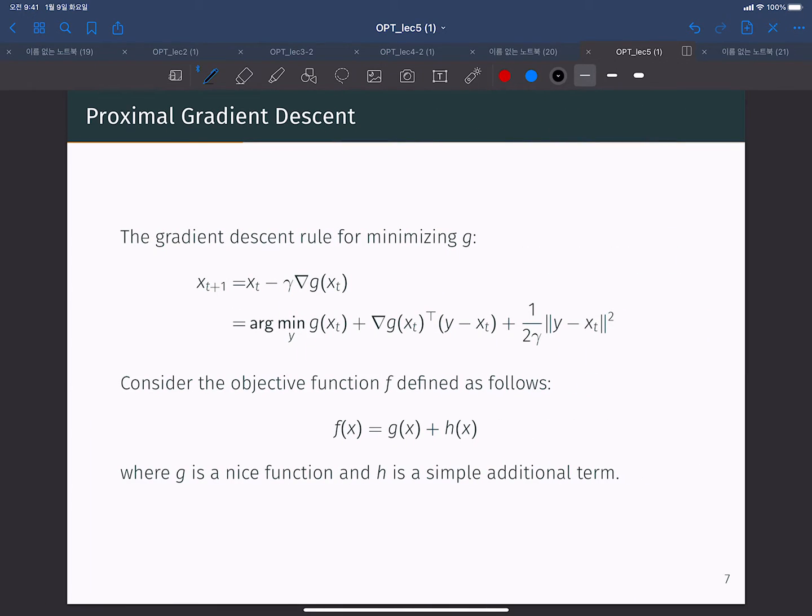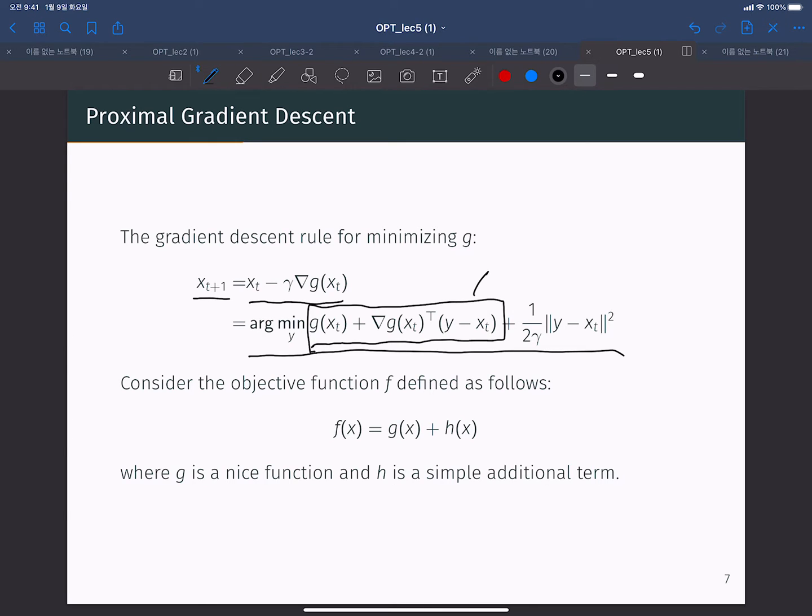So for differentiable objective function g, we can easily define the gradient descent step like this. x_{t+1} is equal to x_t minus step size gamma times gradient g(x_t). And this is equivalent with this interesting representation. So this is argmin over y of g(x_t) plus gradient of g(x_t) transpose (y minus x_t).